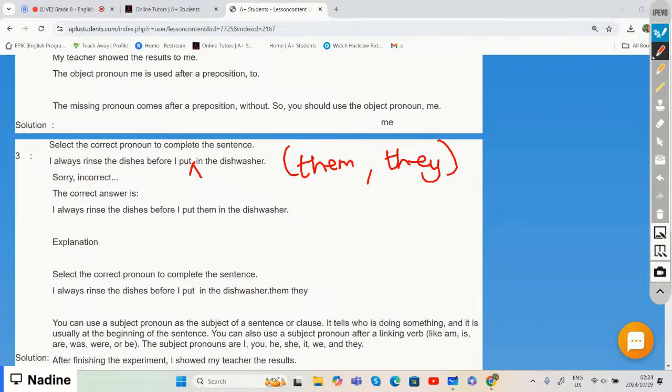So I always rinse the dishes before I put them in the dishwasher, or I always rinse the dishes before I put they in the dishwasher. Which one is correct?